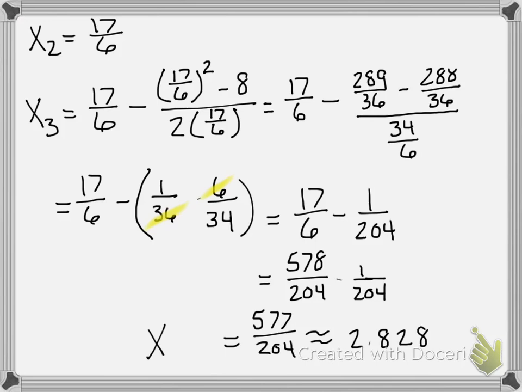And that is our x3. So we just used Newton's method to approximate the square root of 8 by using the f of x and starting out with 3 being our first guess.